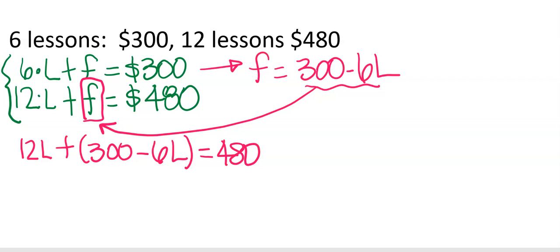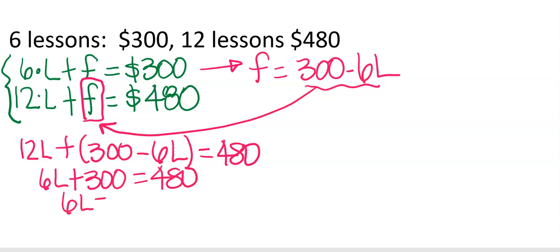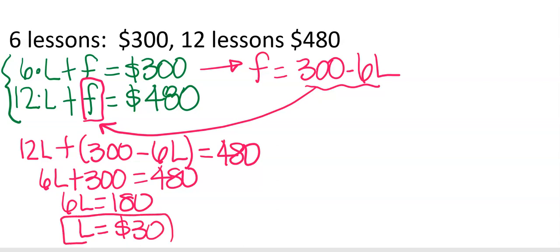So I'm going to put like terms together. And then subtract 300. And then divide by 6. So every lesson is $30. And we will have to plug it back in to find out what that one-time fee is.